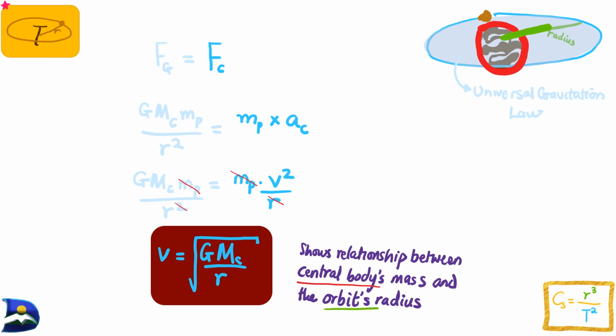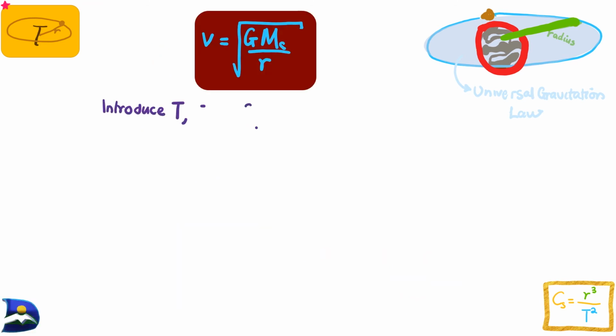Therefore, this shows the relationship between those two parameters, and this leads us to how it is connected to the period, where period is equal to 2 times pi times r divided by the velocity.